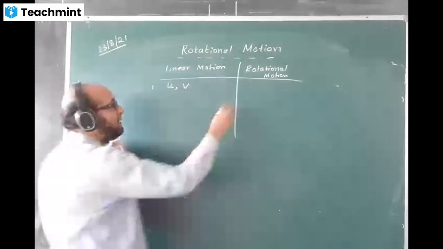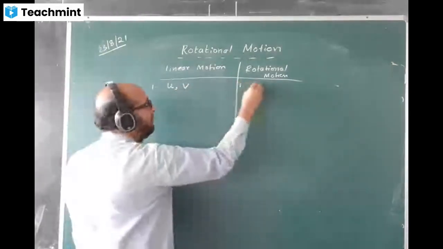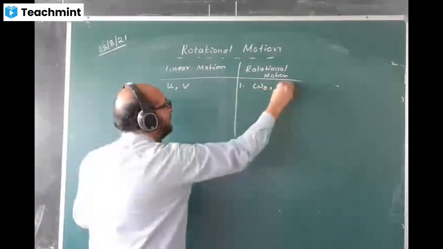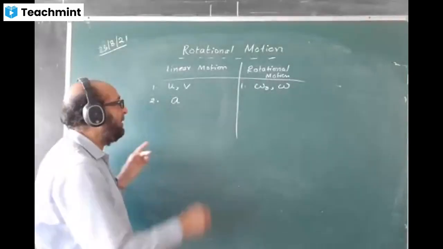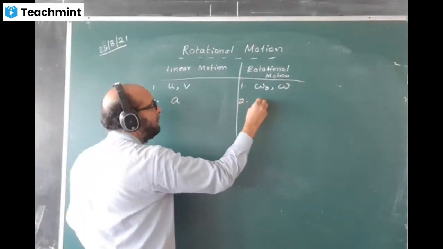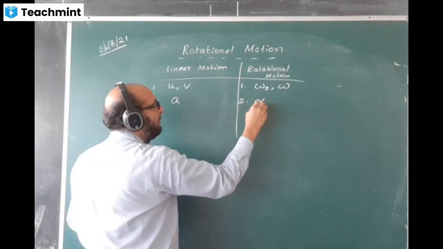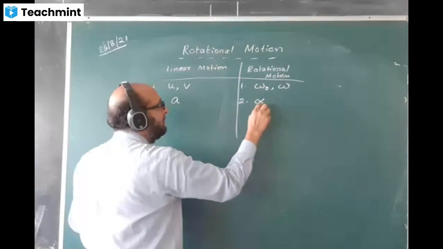Here we write the same thing as omega naught and omega. Acceleration, here the a will become alpha. This is called angular acceleration.